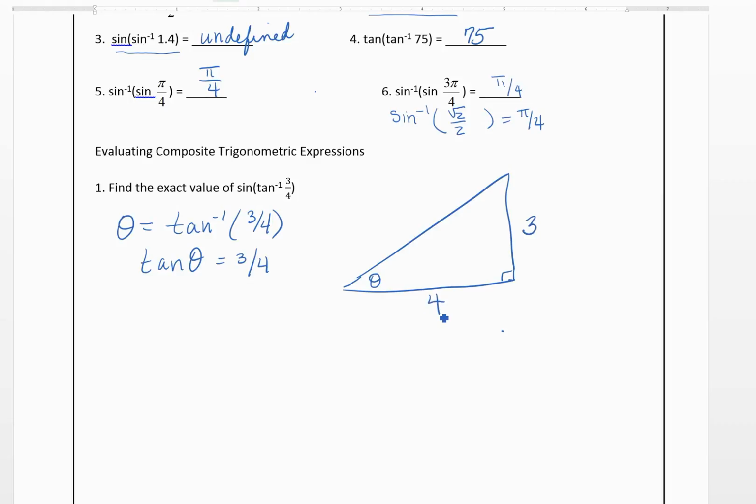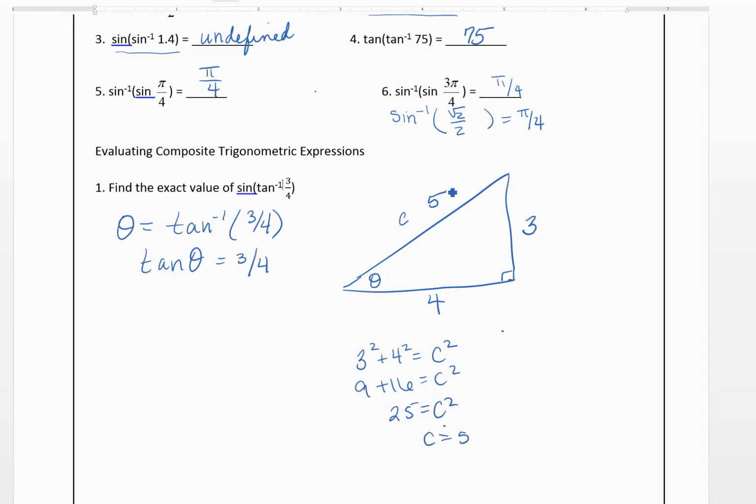So we're saying 3/4. Now, if we do the Pythagorean theorem, so if this is our hypotenuse or our c, 3 squared plus 4 squared equals c squared, we'd get 9 plus 16 equals c squared, so 25 equals c squared, so c is going to be equal to 5.